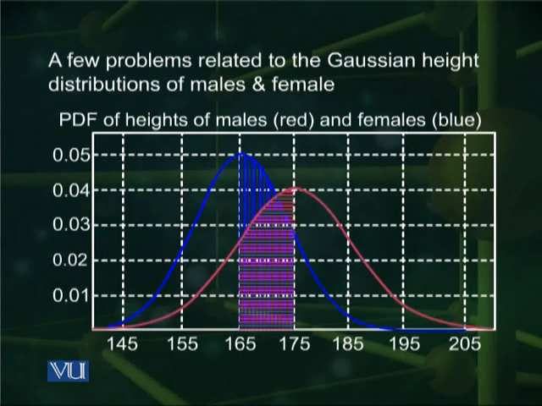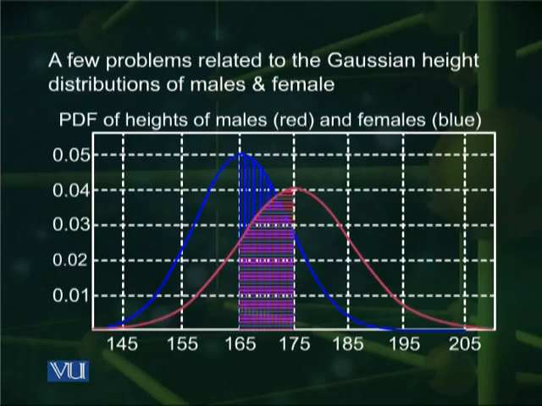You can ask the same question about boys: what is the probability that a randomly picked boy has a height which lies between 165 and 175 centimeters. Or in other words, you want to find the probability of the event that a randomly picked boy is shorter than an average boy but taller than an average girl. You can once again use numerical techniques and you can find this probability to be 0.341.